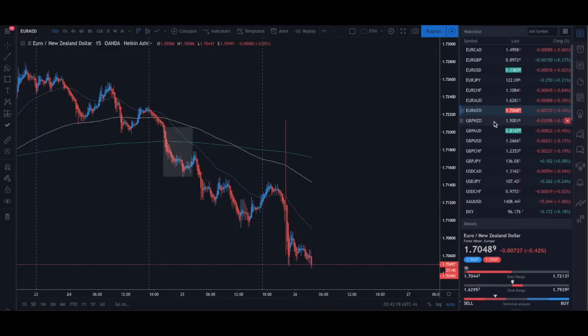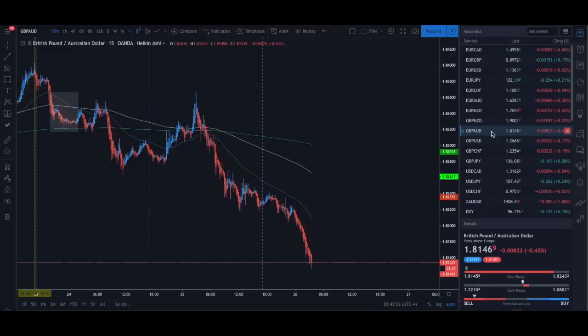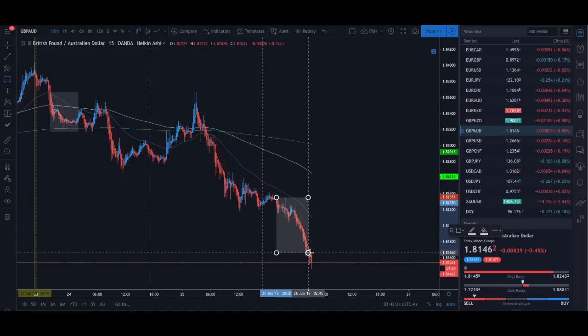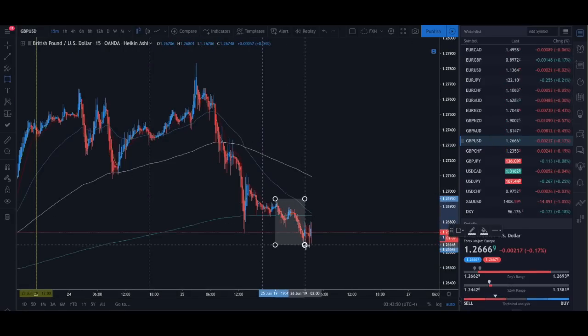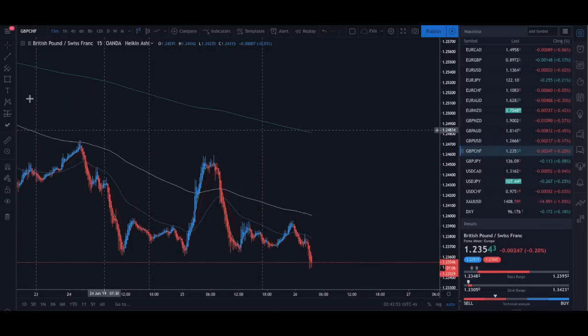There are a couple of USD pairs that I also look at, like USD JPY, USD Swiss, USD CAD, those type of pairs.